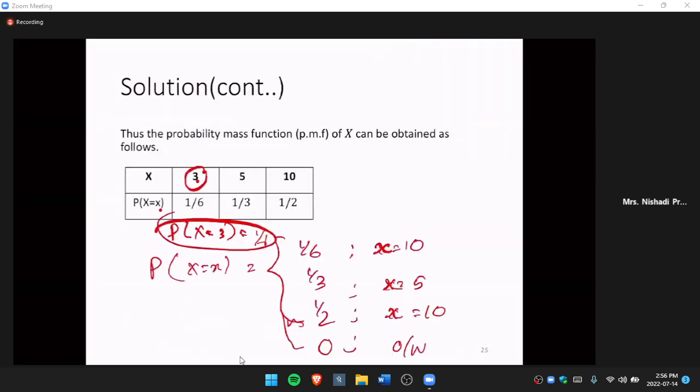Less than or equal to 3 means you have to add 0 and this, not 10, this is 3, no? When x equals 3, the probability is 1 over 6. So the probability when x is less than or equal to 3 is still 1 over 6.